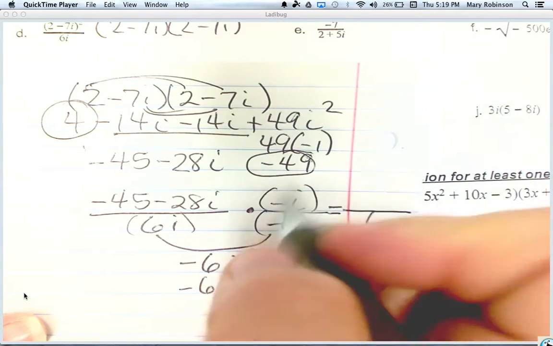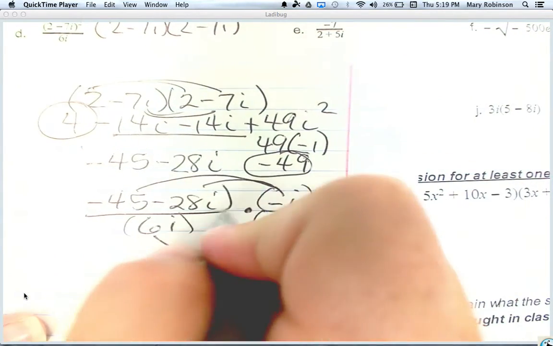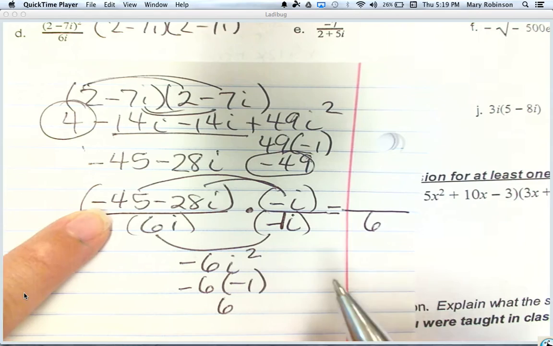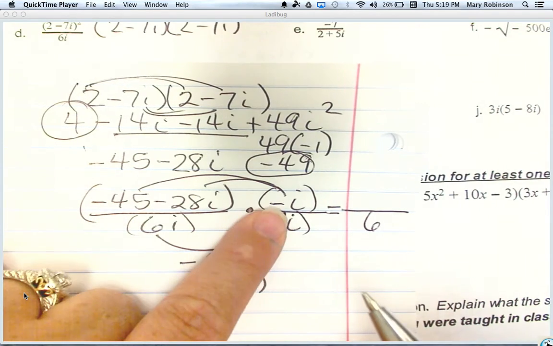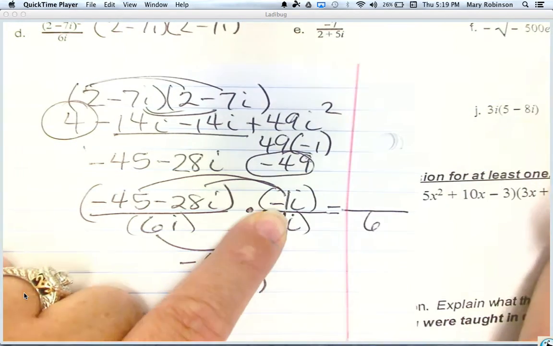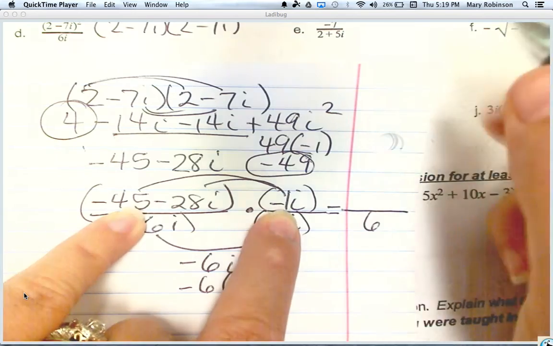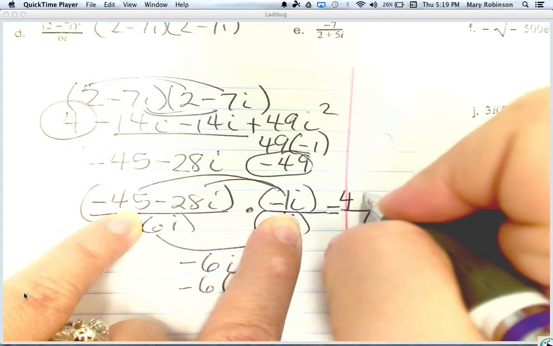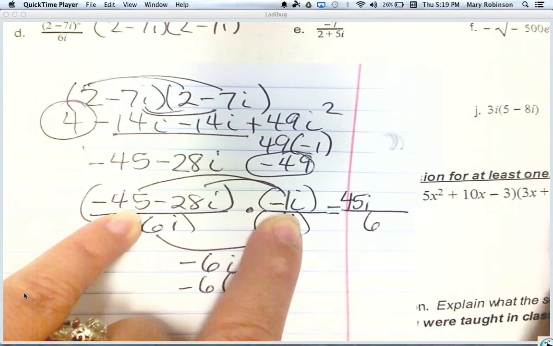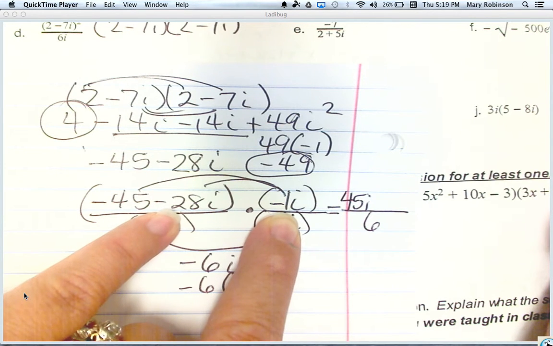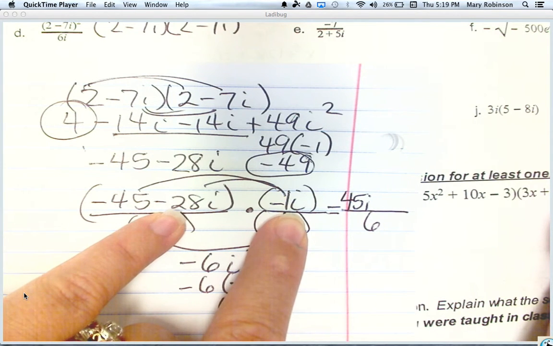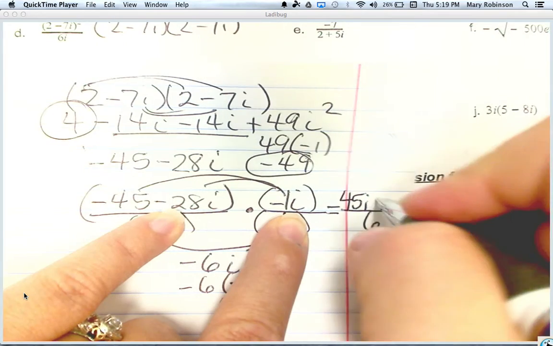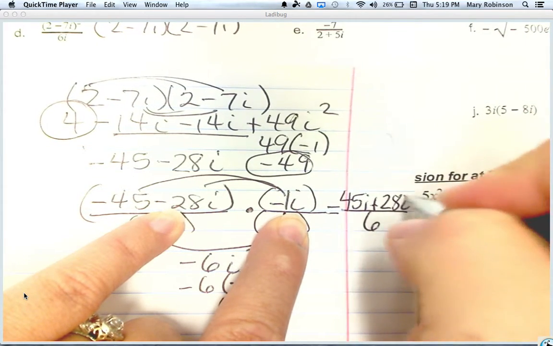When I distribute negative i to my numerator, I get negative 45 times negative 1i. Negative 45 times negative 1 is positive 45i. Then negative 28i times negative 1i is positive 28i squared.